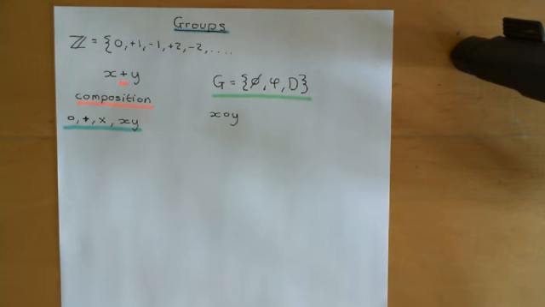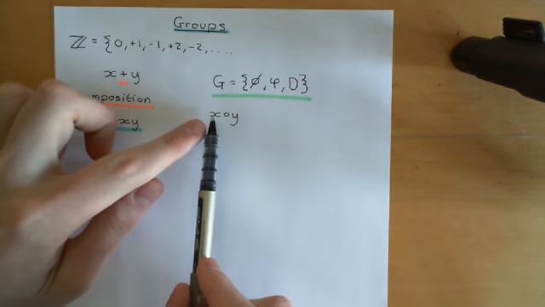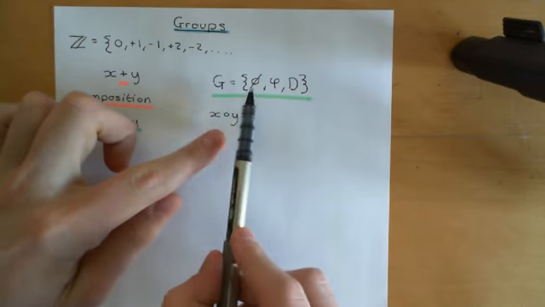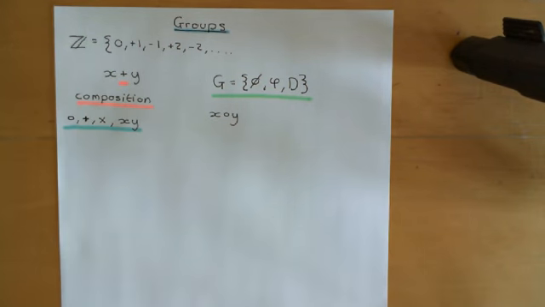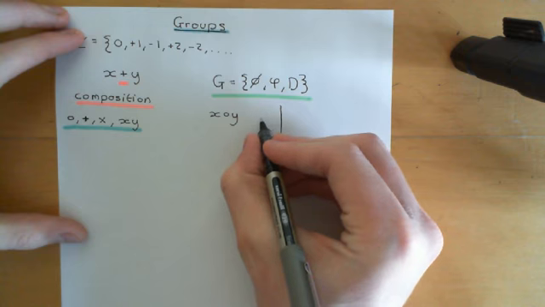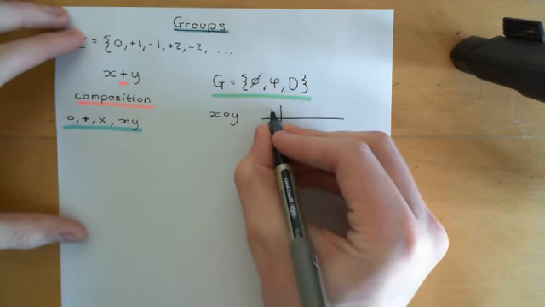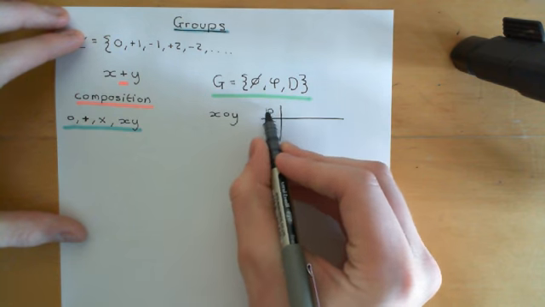Right. So I need to be able to put any element here in position x, and put any element from this group in position y, and I need to know what the answer is. I need to have defined what the answer is. That really means that I need to have made you a composition table. So let me show you a composition table. I'll put this circle here to show my composition.